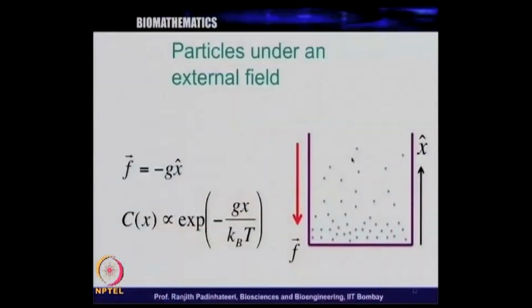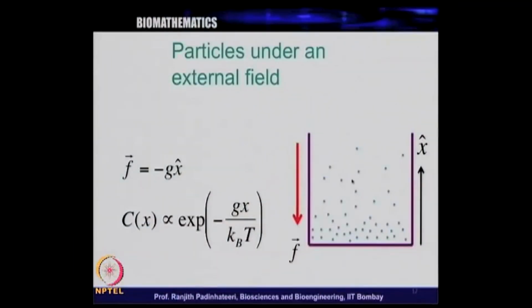So the concentration will be more here and less here, and it has this particular functional form. Once we know this, we will follow roughly what we did for deriving the Nernst equation. In the case of the Nernst equation there is a current due to an electric field or force. Similarly here there is a current due to this gravitational force or electric force, which is pulling these particles downwards.